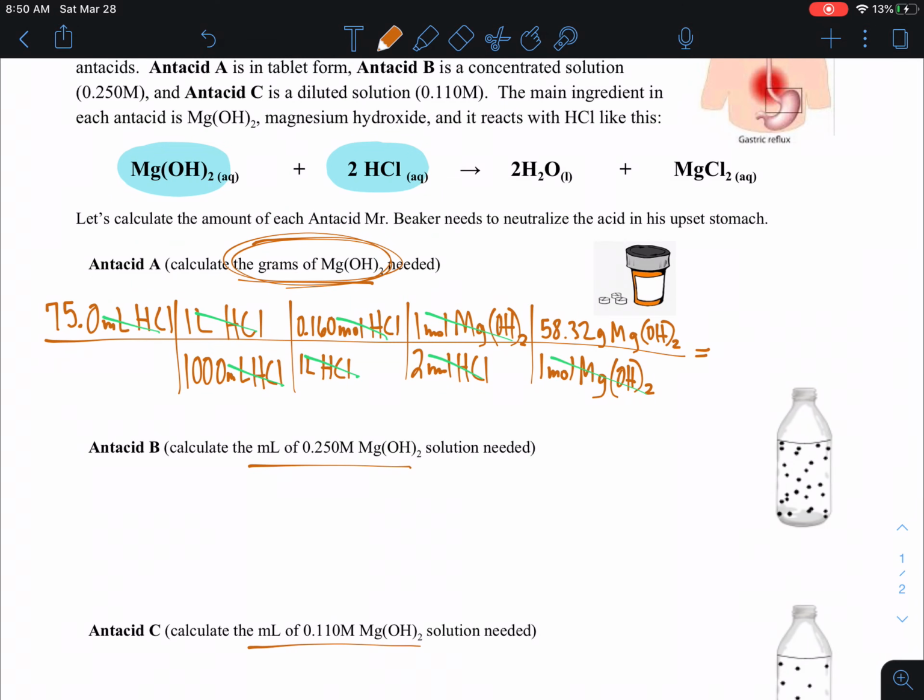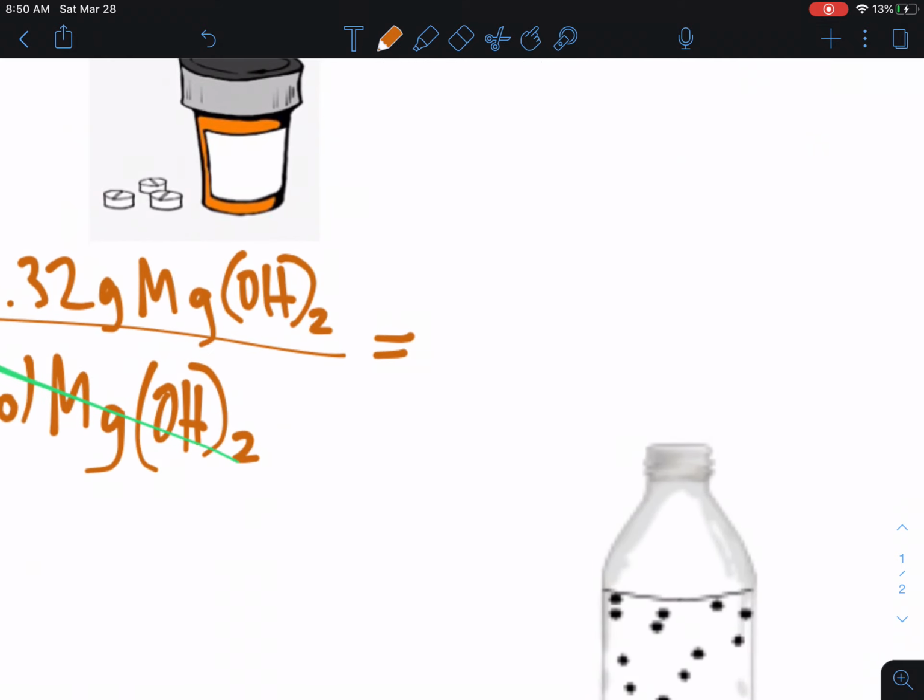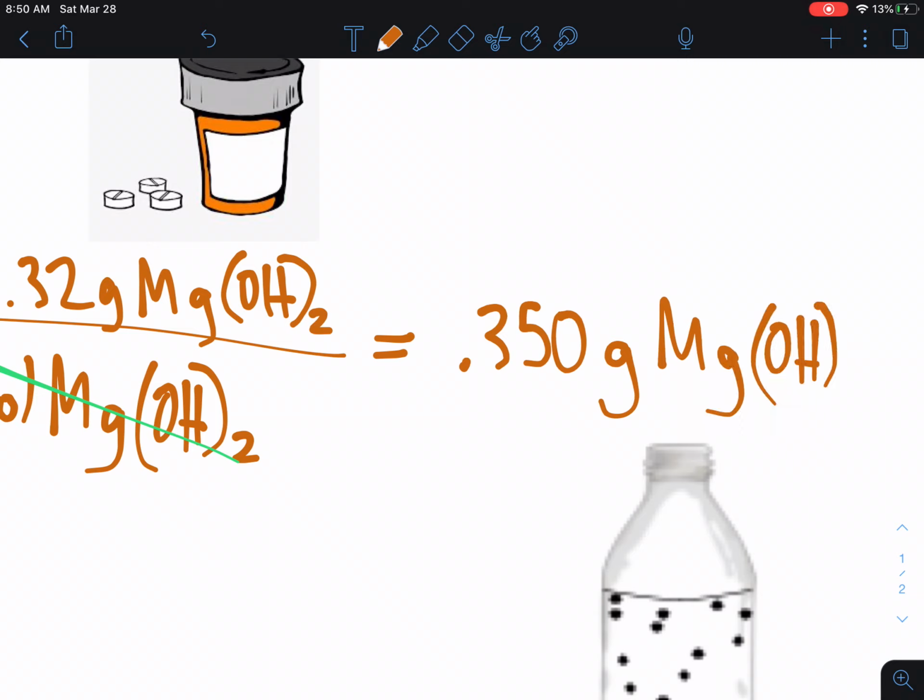So when we calculate this out, we'll do 75 times 0.16 times 58.32 divided by 2 divided by 1,000, 0.350, I guess, with sig figs, 0.350 grams of magnesium hydroxide.